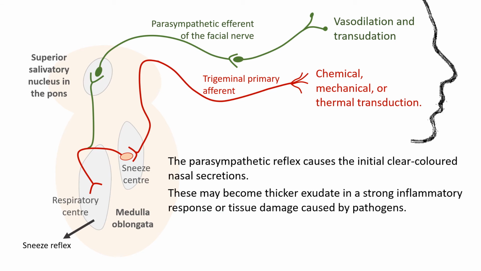So the parasympathetic reflex causes the initial clear coloured nasal secretions, because initially we're talking transudate. As we start to get an inflammatory process, we might have thicker exudate. If we've got a lot of inflammatory proteins, a lot of cells getting into the transudate, protein-rich exudate.